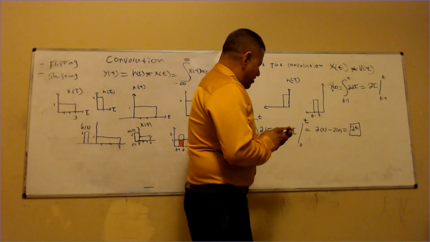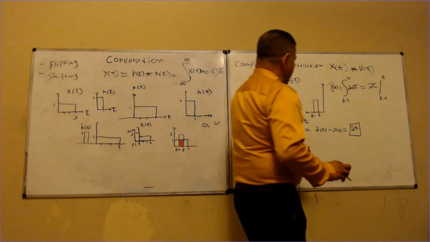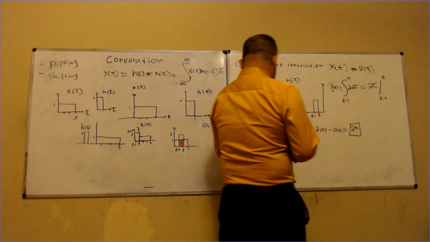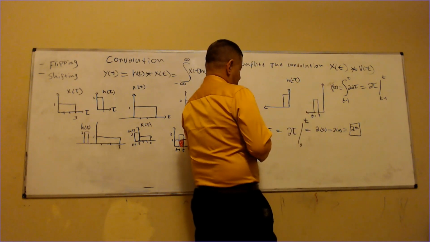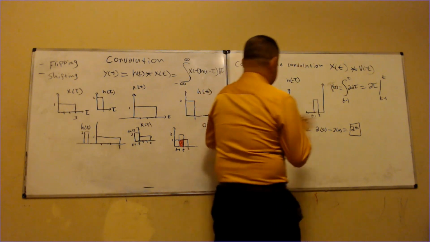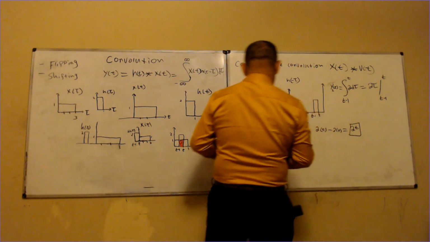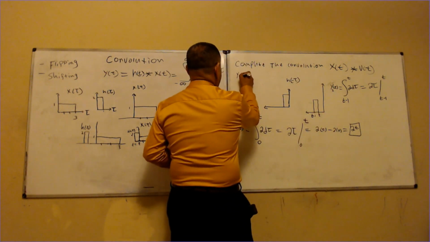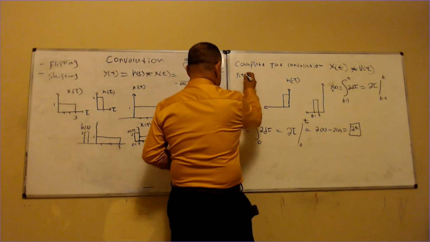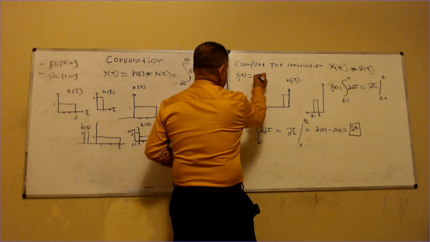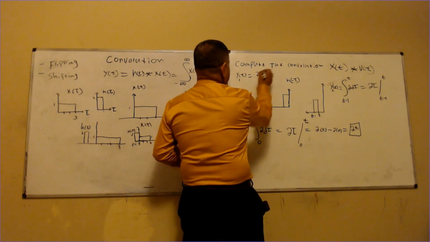Okay, so now we can do that again. Let me just put this, that the value y of t1 is equal to 2t. That's the first one.